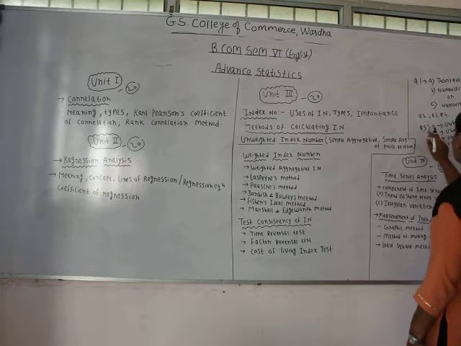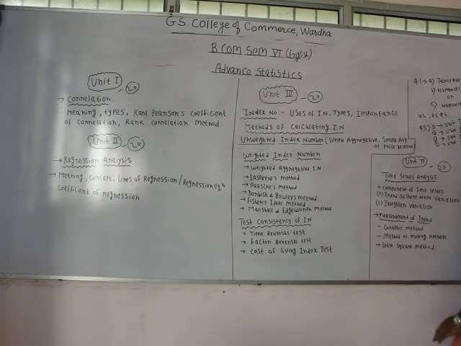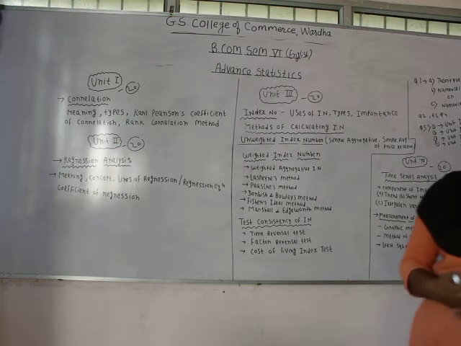And these questions would carry 4 marks each, so it would be 16 marks. So this way you would have the paper of total 80 marks, and 20 marks would be internal, okay?